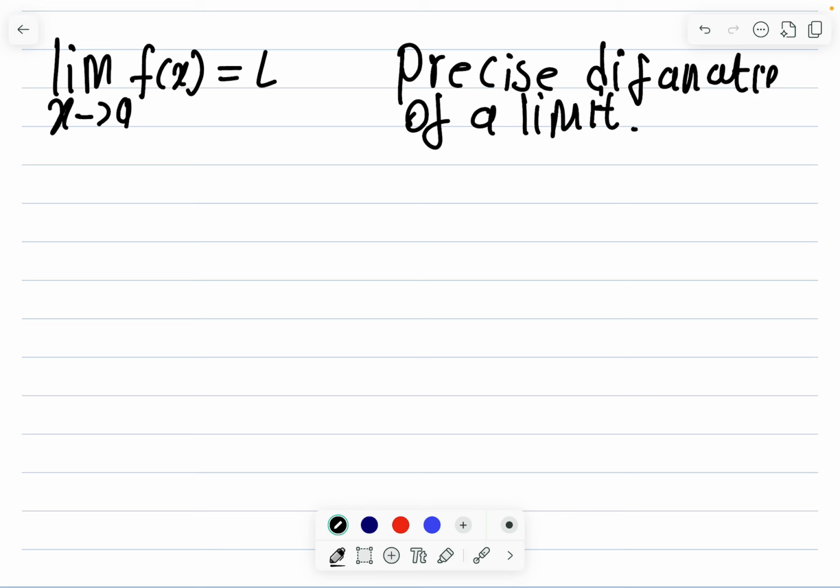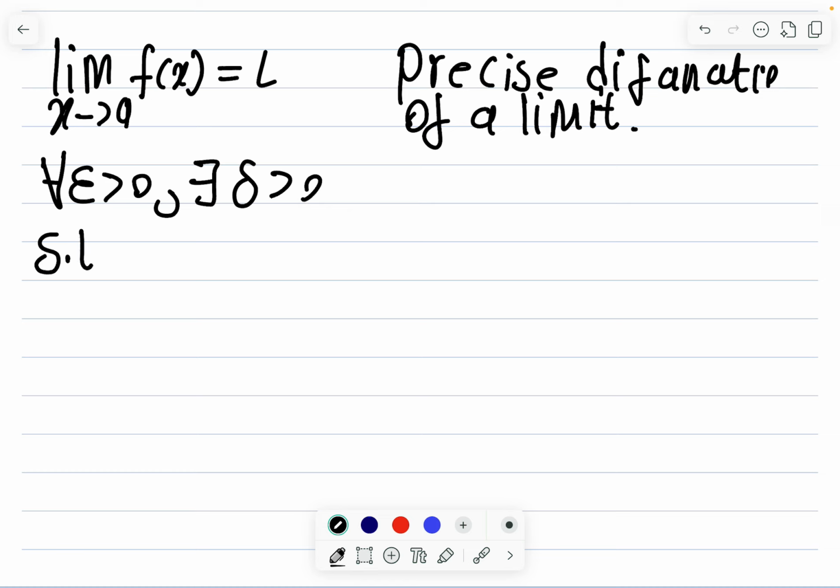Write the first definition. For all epsilon greater than 0, there exists delta greater than 0 such that 0 is less than the absolute value of x minus a, which is less than delta.